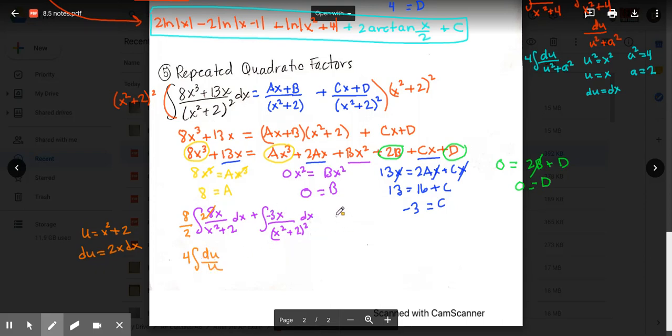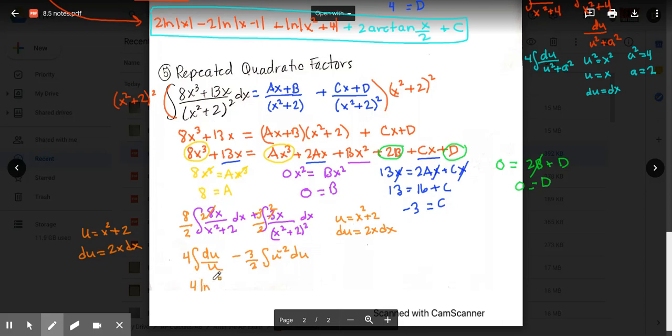For this one right here, once again, I make u the inside of the parentheses. du is 2x dx. I don't want that -3 in there, so I pull it out, put the 2 in that I need, and the 1/2 on the outside. So you get -3 halves times the integral of, this is not du over u, it's du over u squared. So bring that up, make it u to the -2nd, and integrate it like I showed you already.